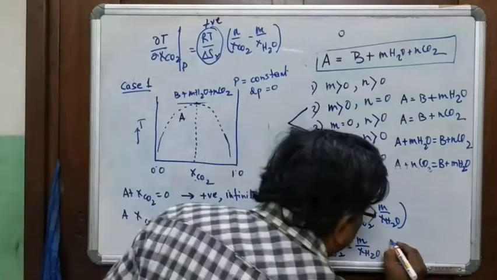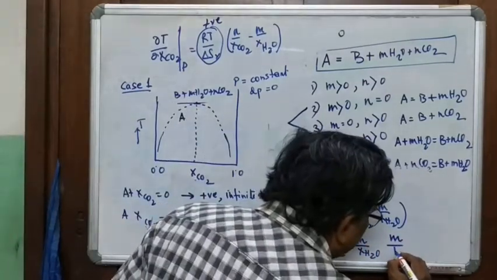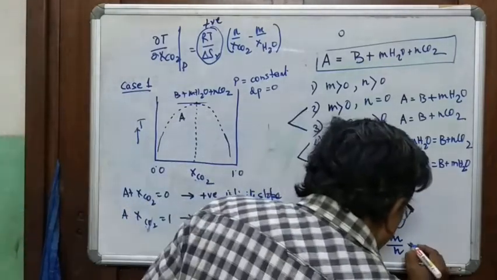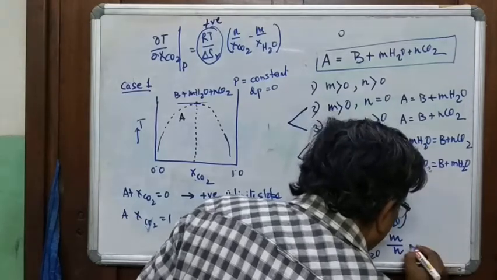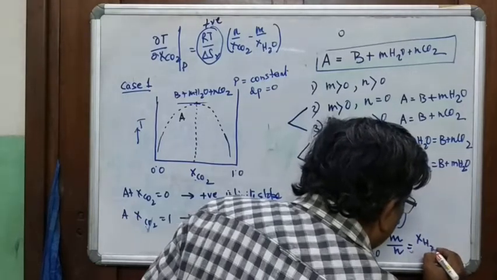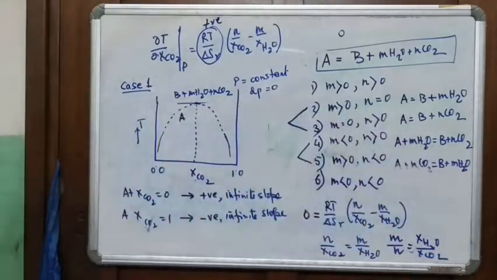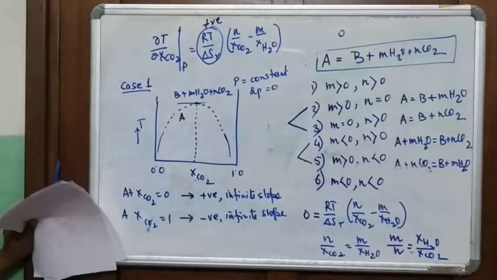So M divided by N is equal to XH2O by XCO2. Do you understand?